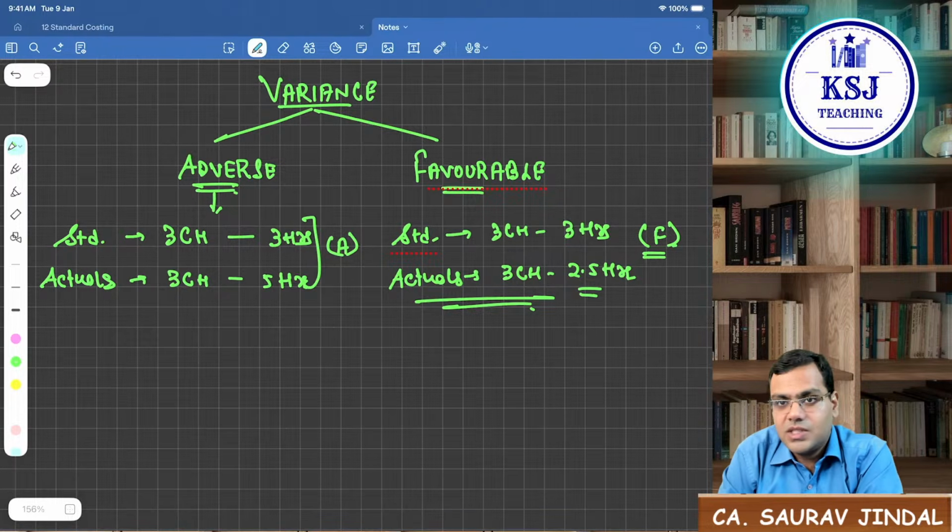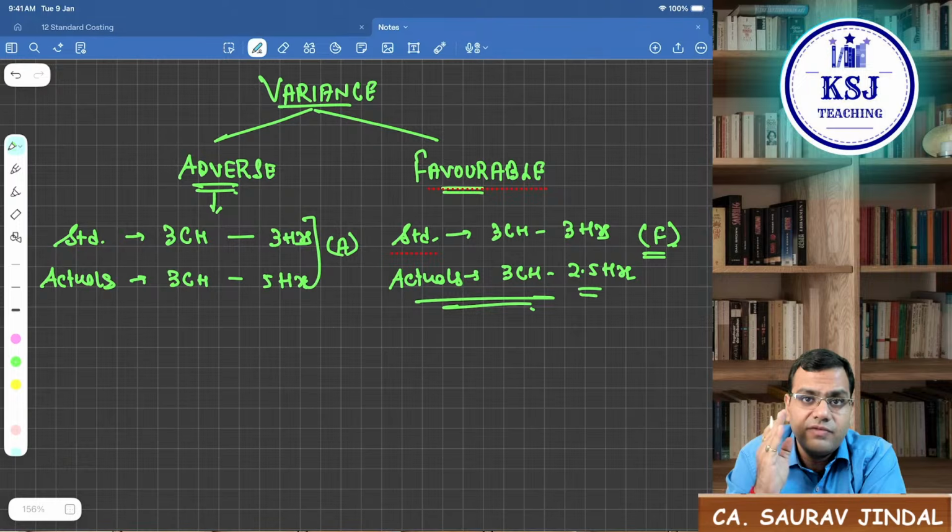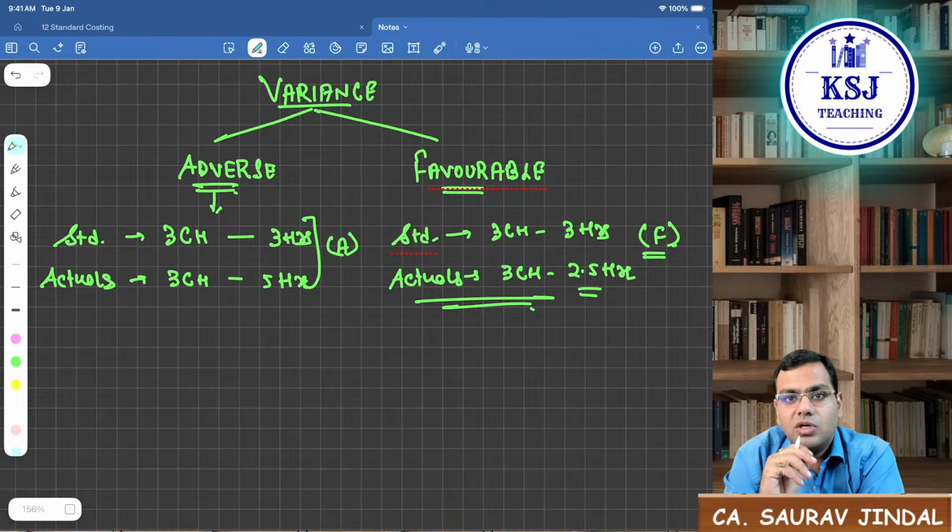But here one thing we say is that your standards should be realistic. That is very, very important. It is very much related to real life. When you are planning for the preparation of any subject, make sure that your planning is realistic. If you say that in accounts or costing or any subject, we will cover 3 chapters in 15 minutes or half an hour, is it realistic? That is absolutely not realistic.